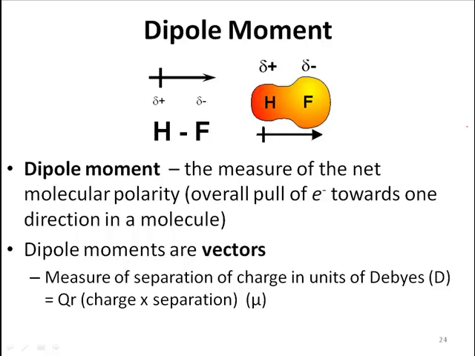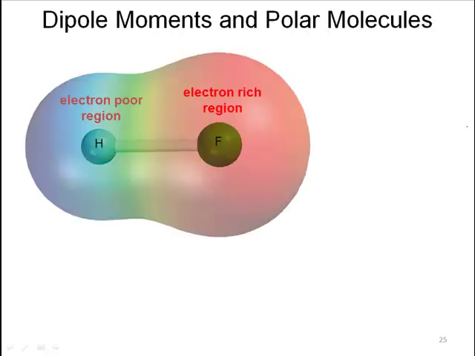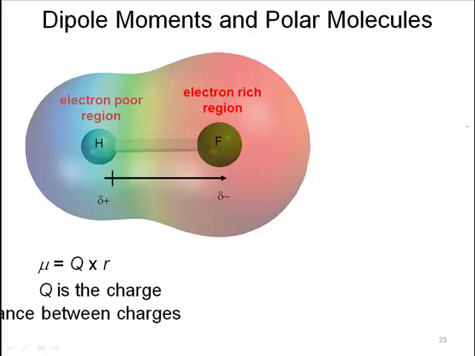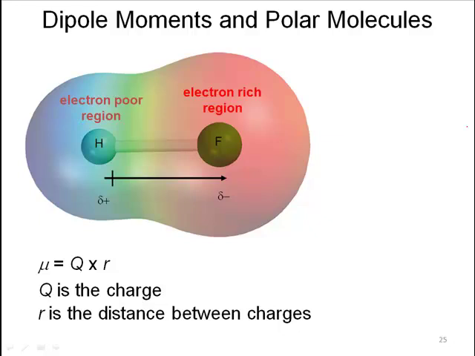Well, separation technique. The r is a little bit weird in this case. So if we look at polar molecules, to get the qr here, Q is the charge, and r is the distance between charges.